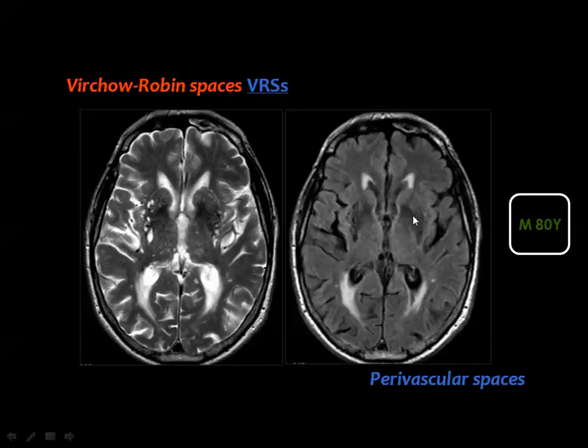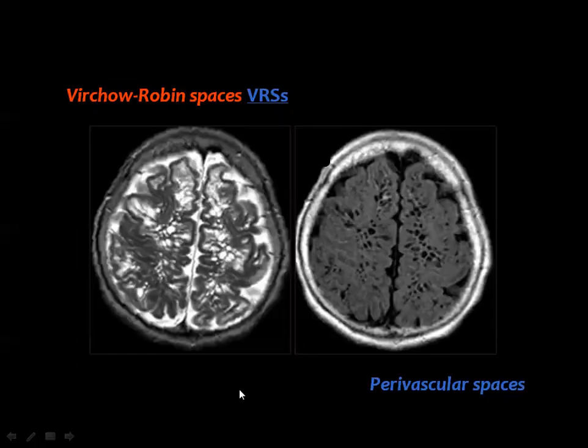And here, this is the FLAIR image. The Virchow-Robin spaces contain CSF. They will appear black in T1 and the FLAIR weighted images, and they will show bright signal in T2 weighted images.